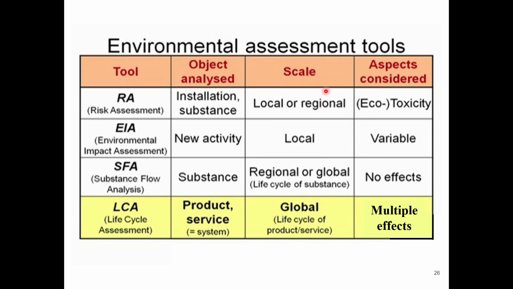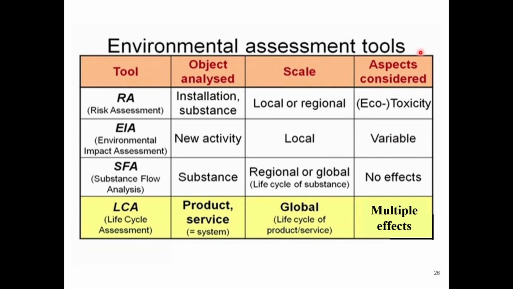The scale will definitely vary. For RA, it is local or regional. For EIA, it is local. For SFA, it can be local, regional or global, since it is a life cycle of substance. And for LCA, it is always global, since it is the life cycle of a product or service.